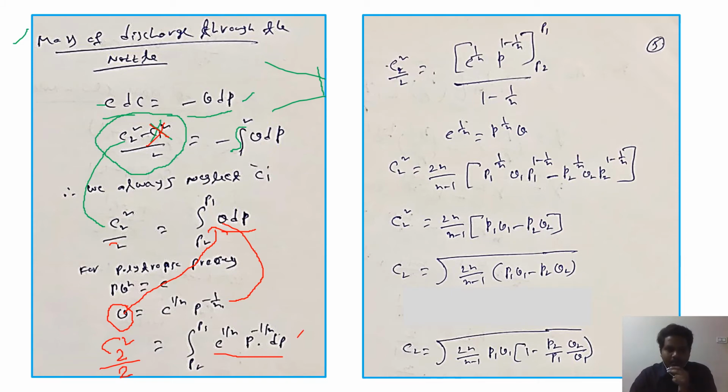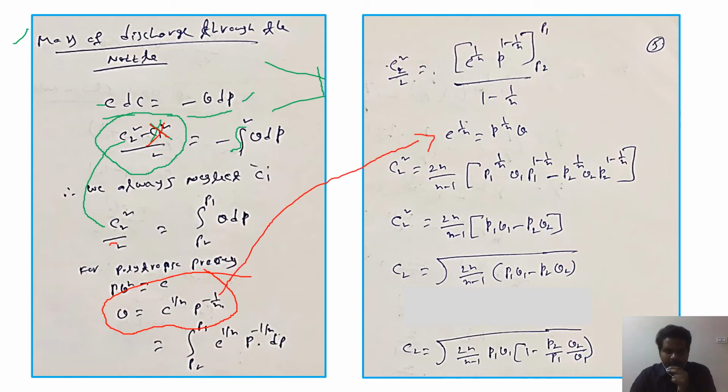Now when we do integration here, we can also use this equation: C power 1 by n equals P power 1 by n into V. Again, I am repeating this equation: C power 1 by n equals P power 1 by n into V. So this C power 1 by n we will substitute here.